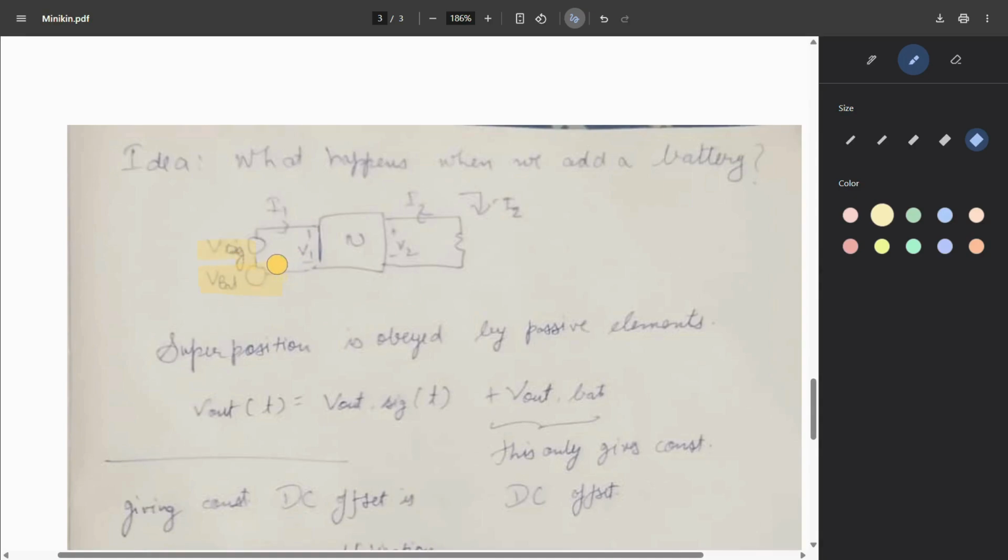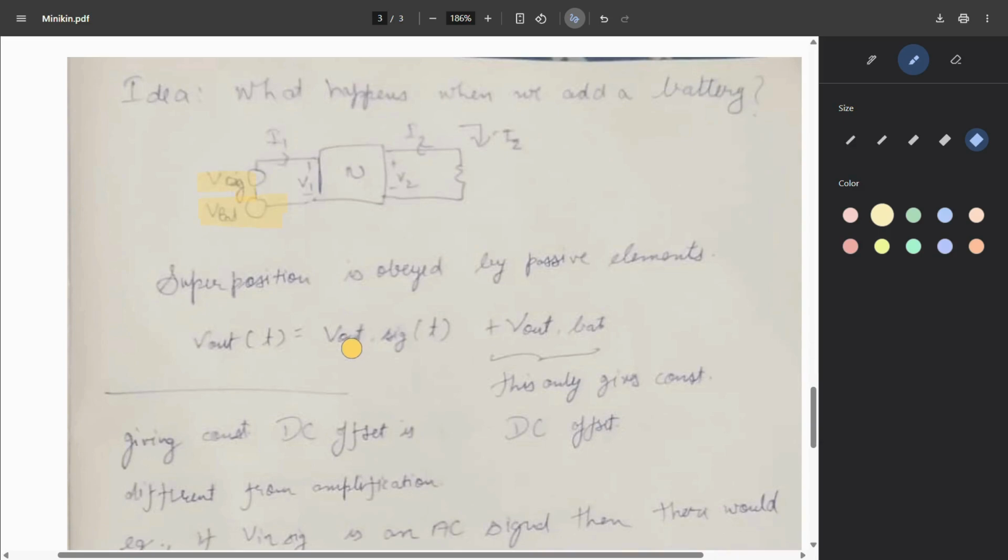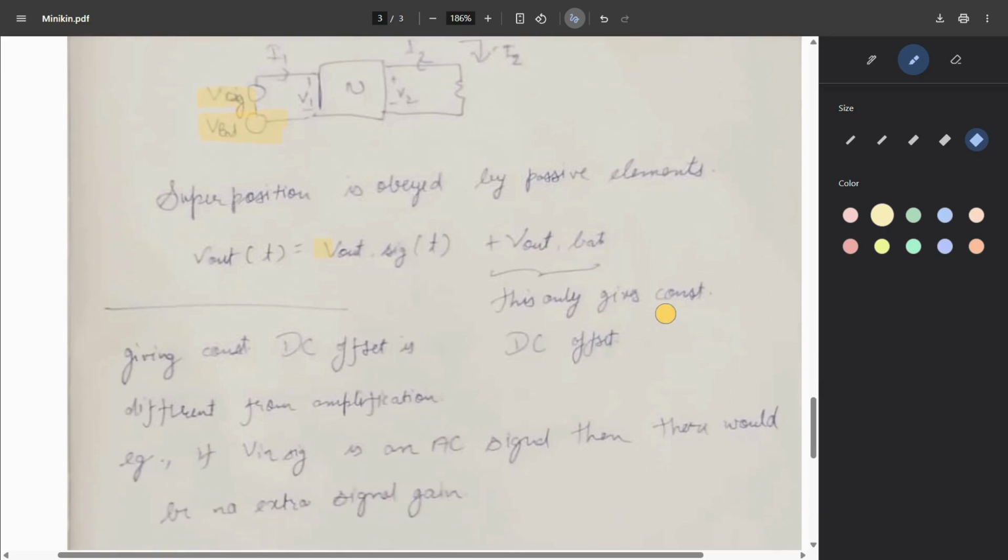Here it is written V signal and V battery, so we could use superposition here, and there would be no significant change to the answer: V out at time t would be V out signal at t plus V out battery. This only gives a constant DC offset.